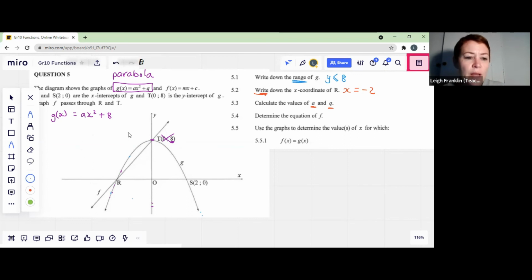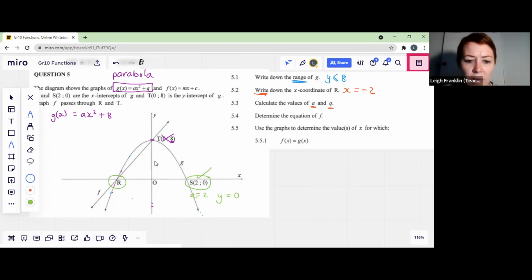So now we're looking for another point that lies on the line. As it turns out, another point that lies on the line could be this one over here, or if you wanted to, you could use that one over there. But let's say we decide we want to use this one over here. At S, the value of x is 2. At S, the value of y is 0.